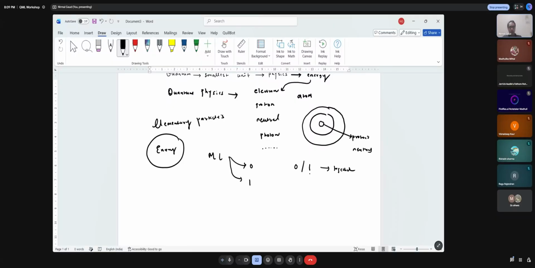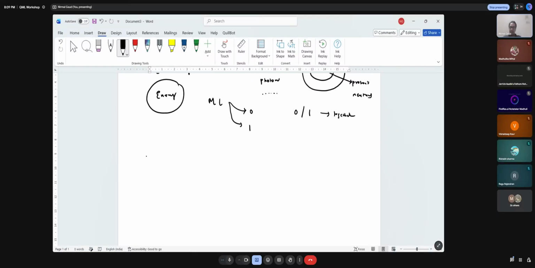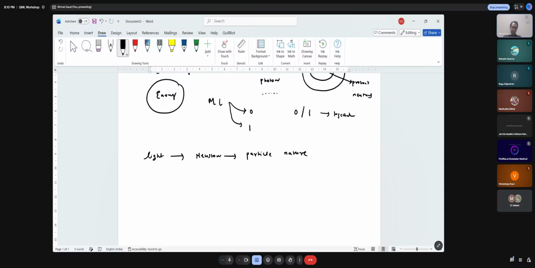Now the question is, sir, how are you seeing this? If I talk about light, we have studied in physics that light, according to Newton, shows particle nature or behavior. Newton gave the corpuscular theory, where he said that light has particles.